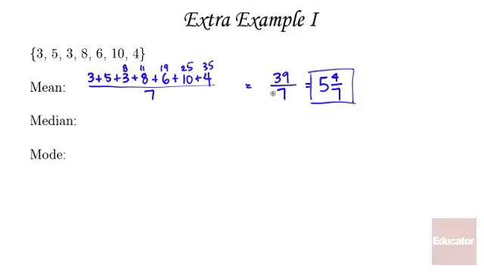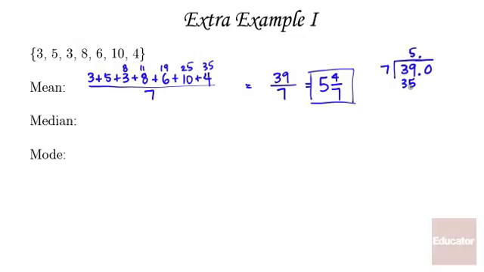Again, if you want to change this to a decimal instead, just do 39 divided by 7. So 39 inside divided by 7. Put the decimal point at the end, bring it up. I can add a 0 there if I want. I can add 2 zeros, I can add 3, doesn't matter. 7 fits into 39 5 times.